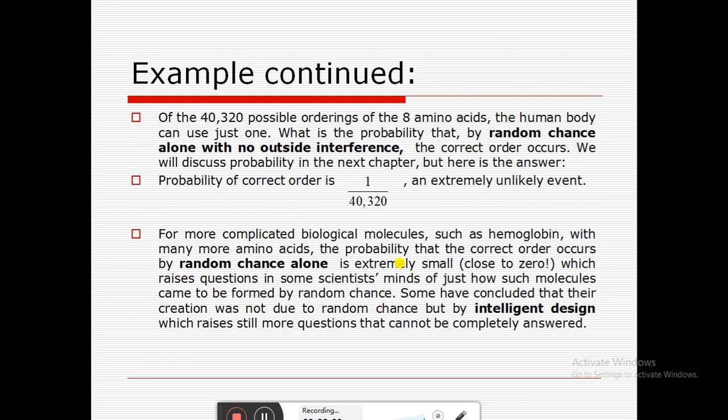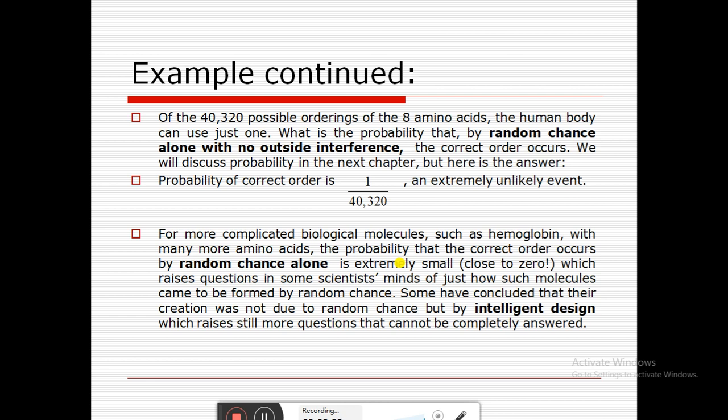We will discuss probability in a coming chapter, but there is an answer. The probability of the correct order is 1 upon 40,320, which is an extremely unlikely event.